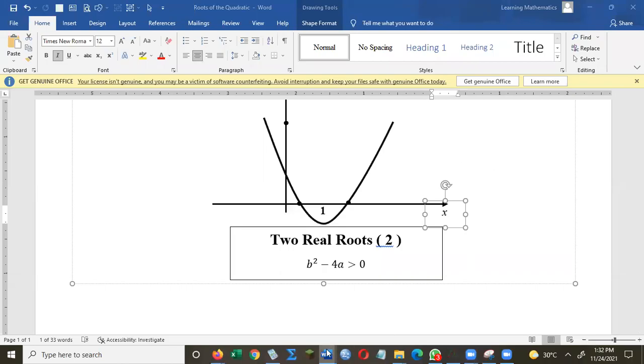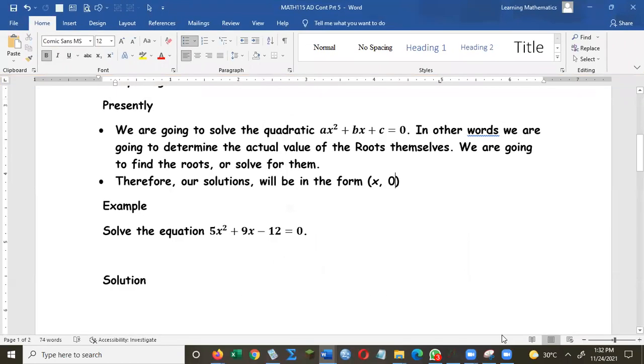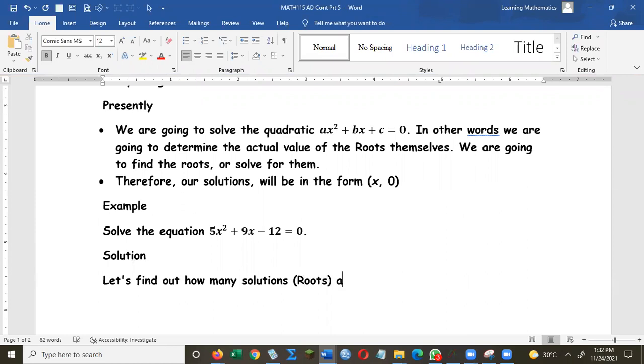Right. So as I say, we can quickly determine how many roots, and we know we're going to get 2. The question did not say determine how many roots, but let's find out how many solutions, meaning roots, there are.